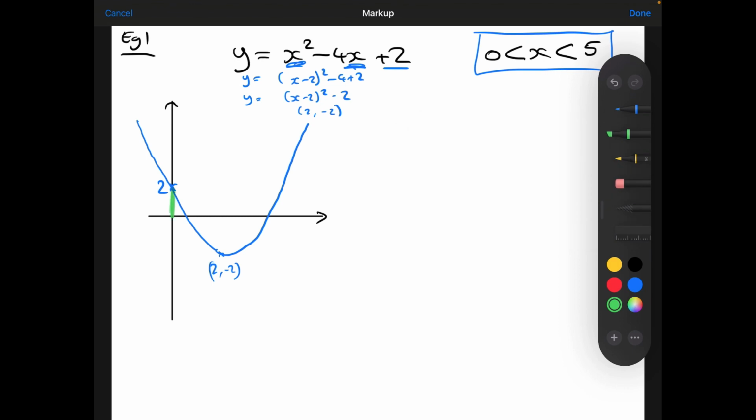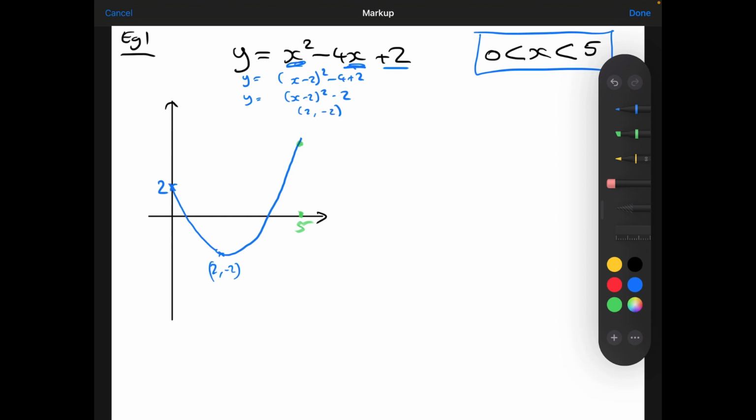So x being 0 is here, which means I'm not really interested in this part of the graph, so I'm actually going to rub that out. And where x is 5, which is roughly over here somewhere. So again, I'm going to rub this part of the graph out. So here's my sketch on the domain.